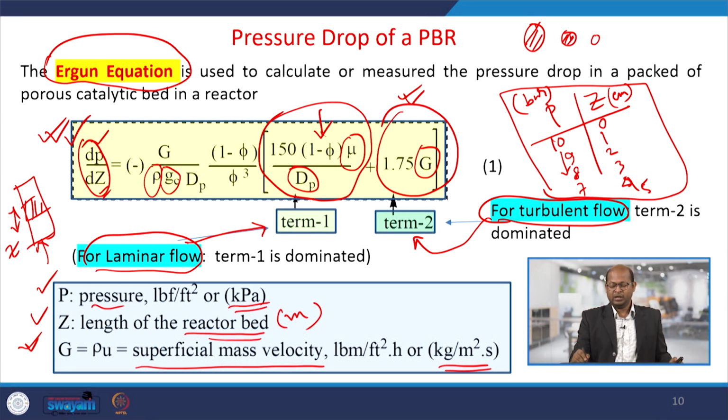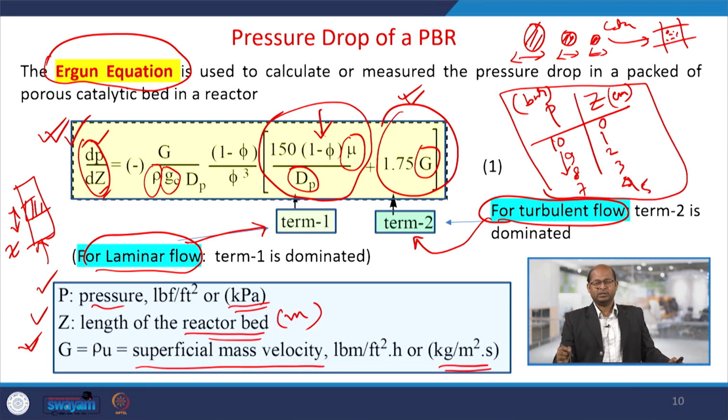Let us say this is a bigger particle size, this is intermediate, and this is a very small catalyst particle placed inside the reactor. The catalyst has different diameters, from smaller to larger. If we use smaller diameters, the bed characteristics would be different, and if we put larger catalyst particles, the characteristics of the bed would be different.